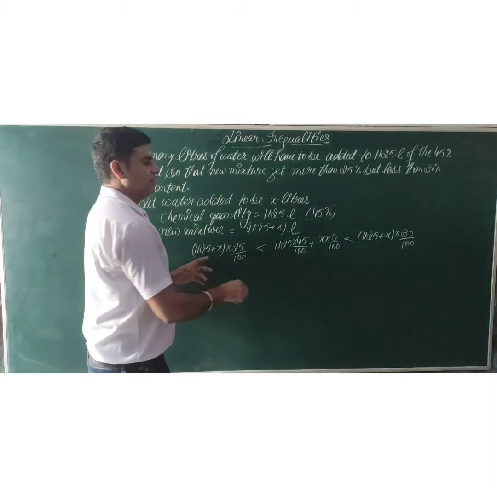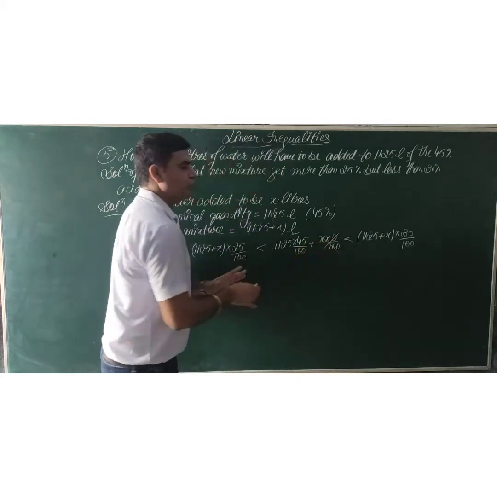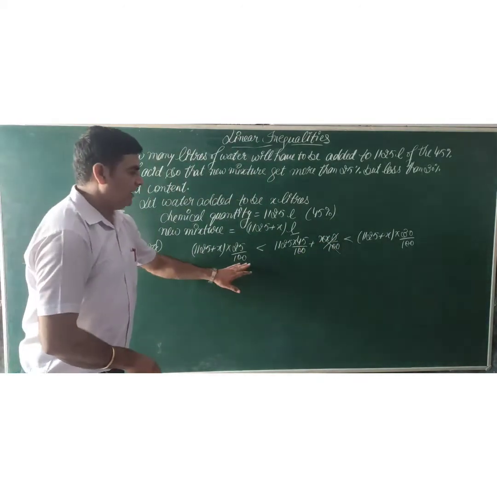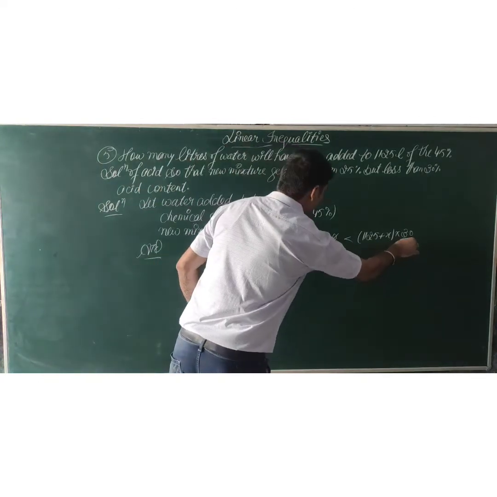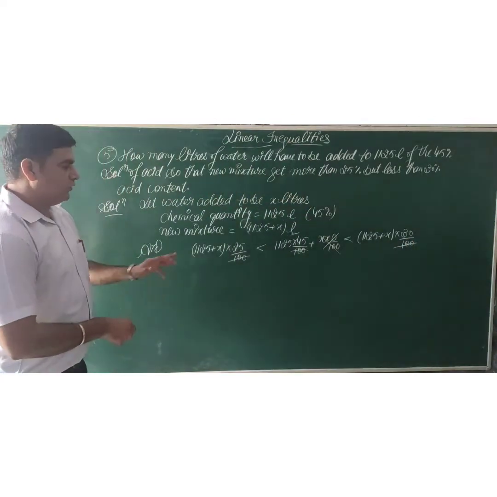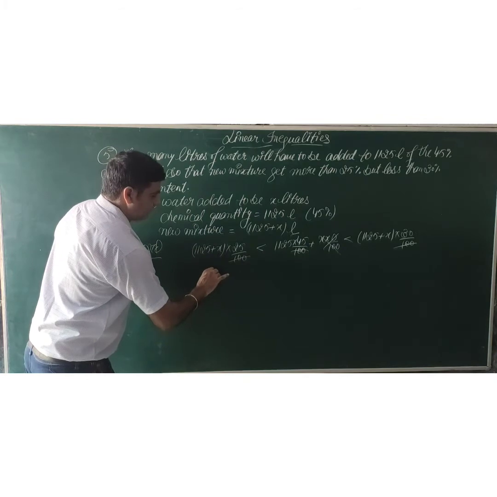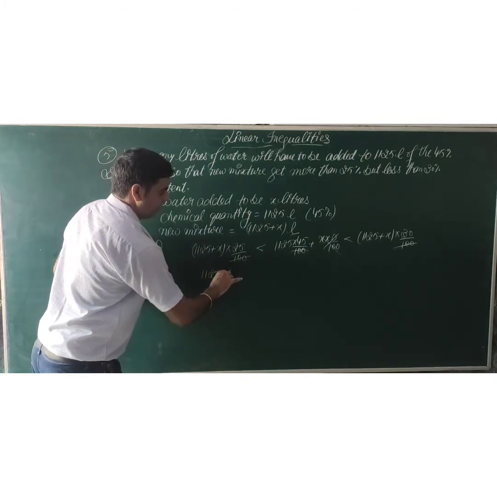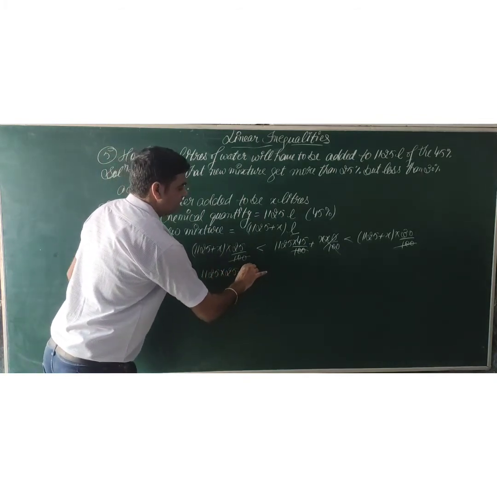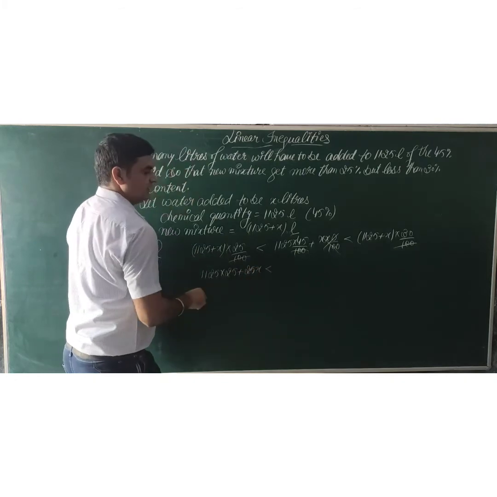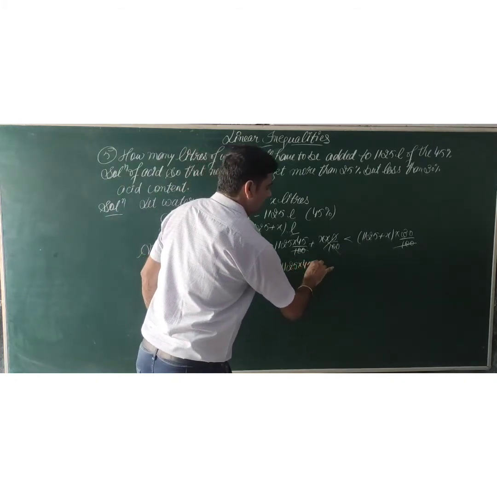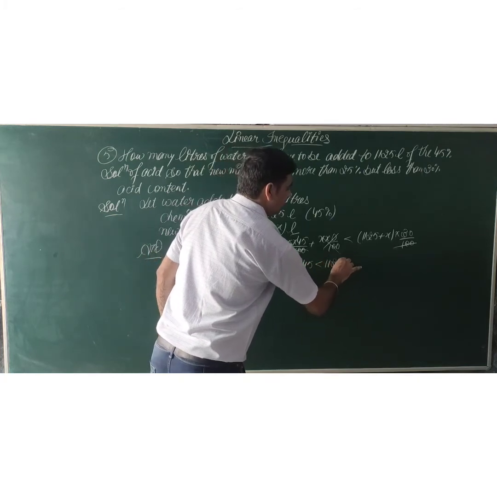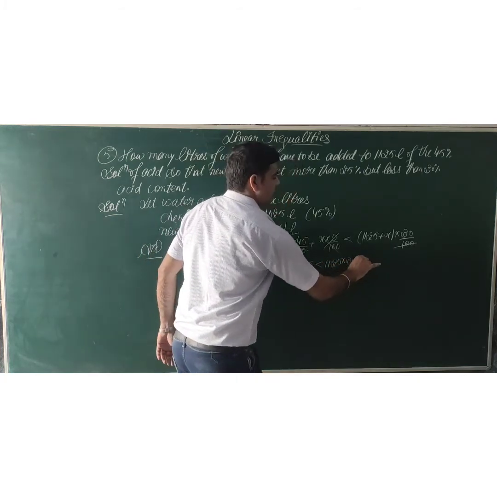Here this quantity becomes 0, so there is no use of it. 100 comes in all, so we cancel 100 in all of them. Opening the bracket, it becomes 1125 multiplied by 25 plus 25x, less than 1125 into 45, less than 1125 into 30 plus 30x.